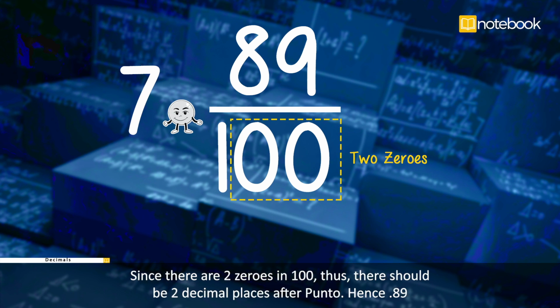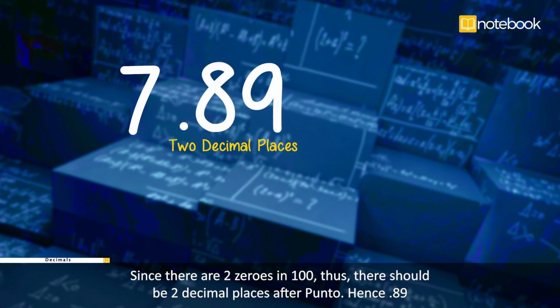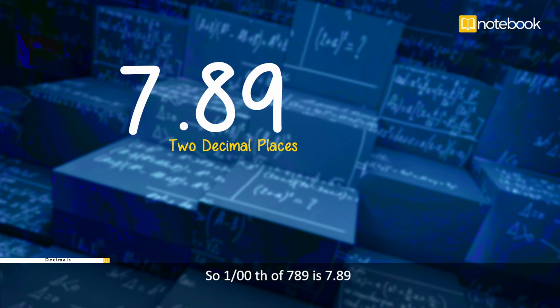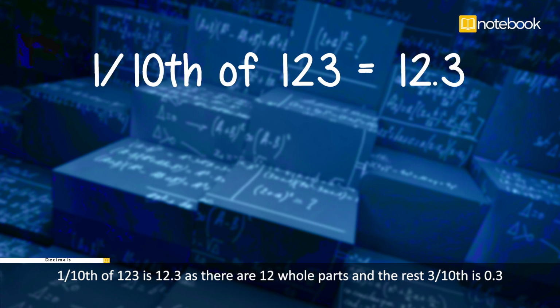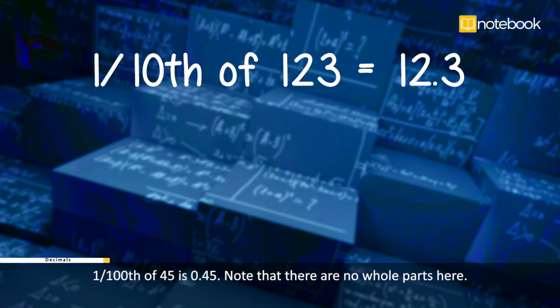Since there are 2 zeros in 100, therefore there should be 2 decimal places after punto. Hence 0.89. So 1/100th of 789 is 7.89. 1/10th of 123 is 12.3, as there are 12 whole parts and the rest 3/10th is 0.3.